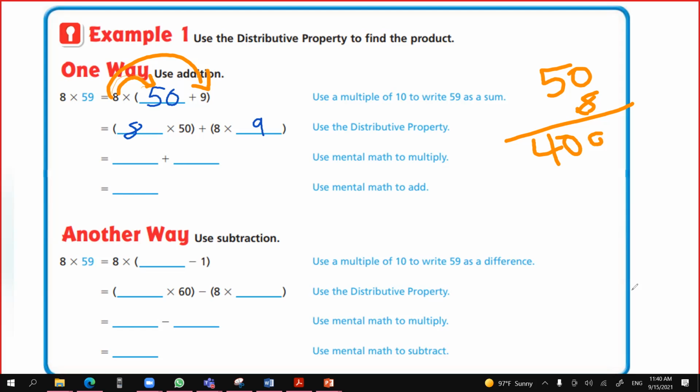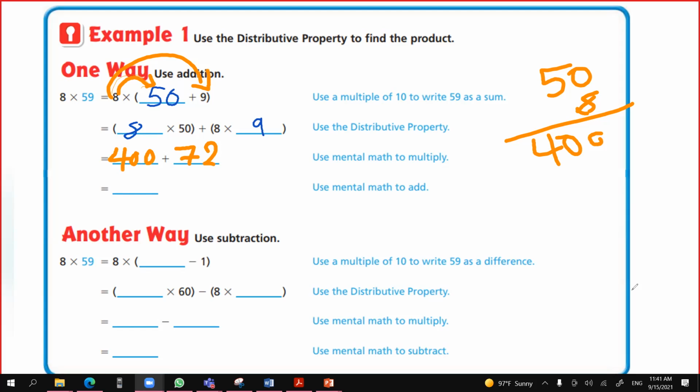So what's the answer? 400. Now the second one. 8 times 9, 72.